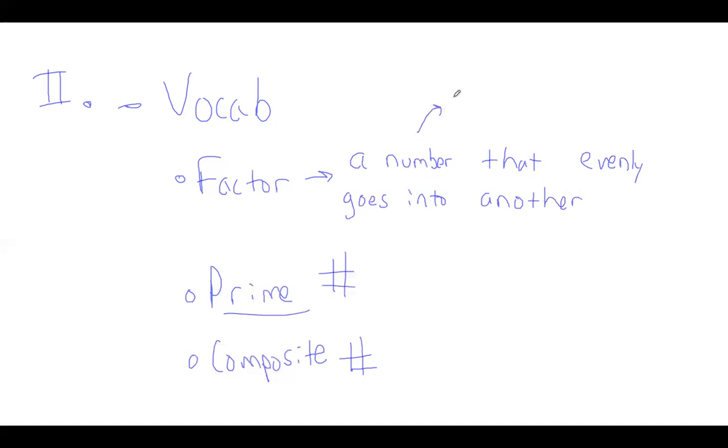An example of this would be if we have the number 12, I know that 2 is a factor of 12 because 2 goes into 12 evenly, right? So 2 would be a factor of 12 because it's a number that goes evenly into 12, okay?